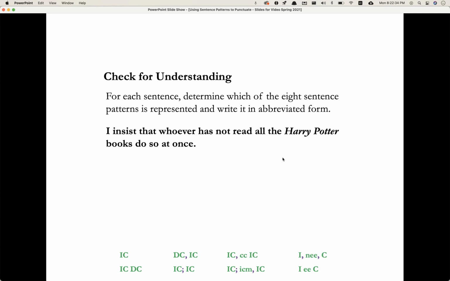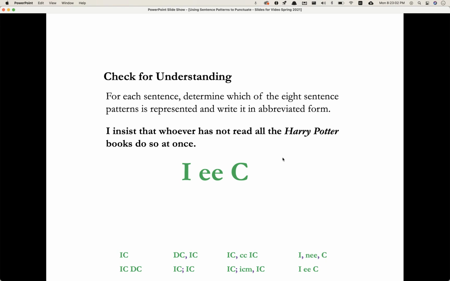I insist that whoever has not read all the Harry Potter books do so at once. Ten seconds. This one is IEEC.